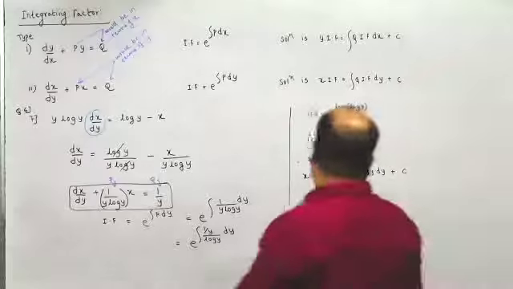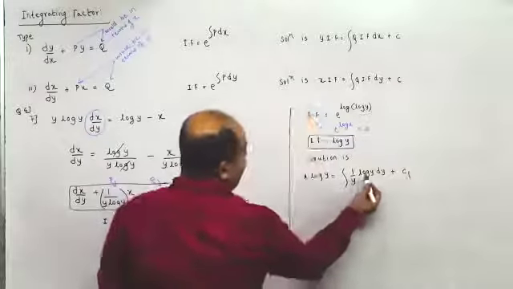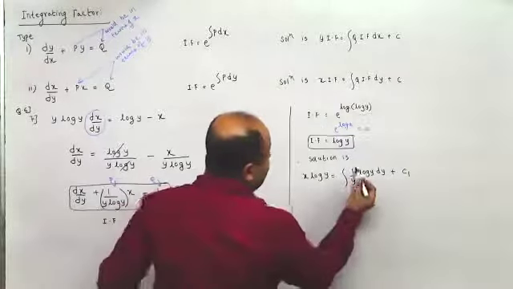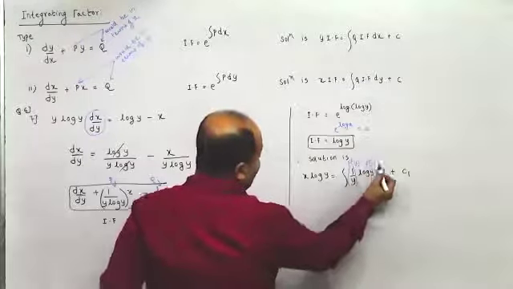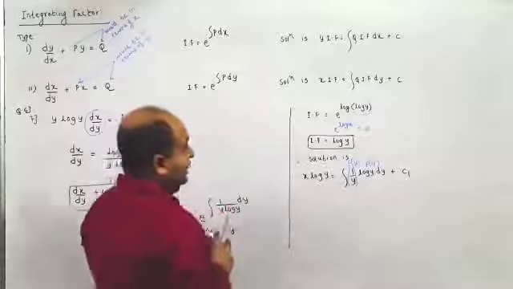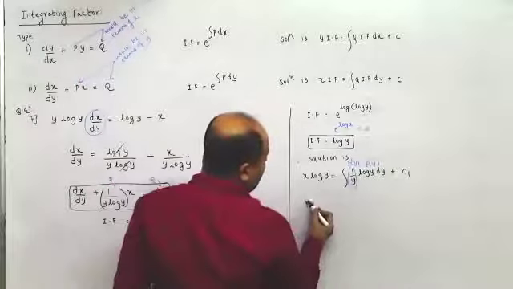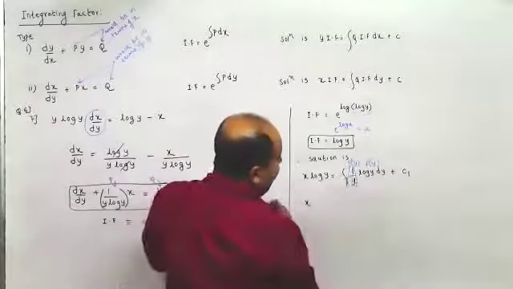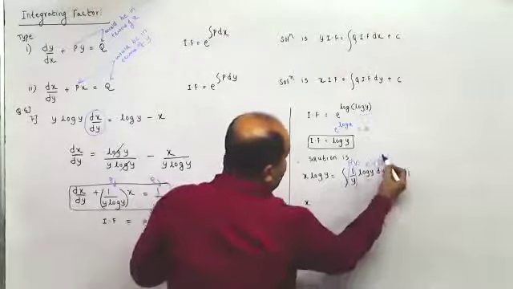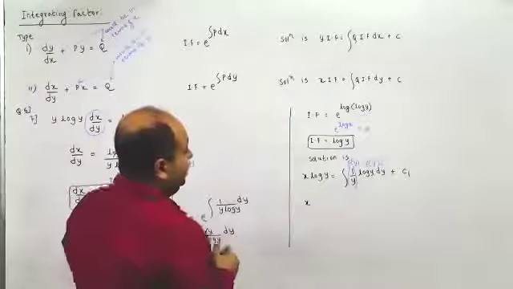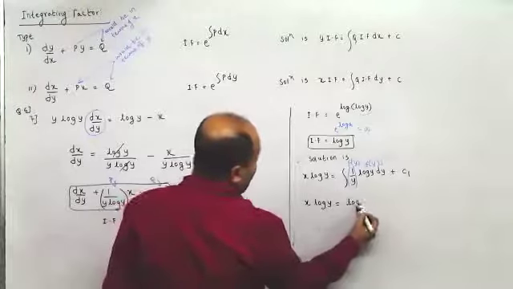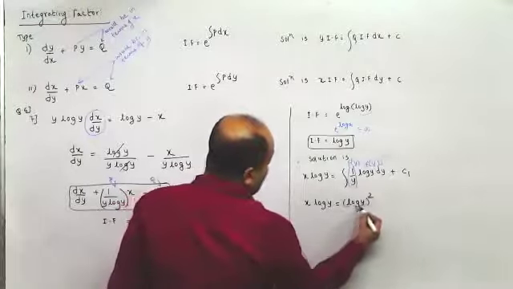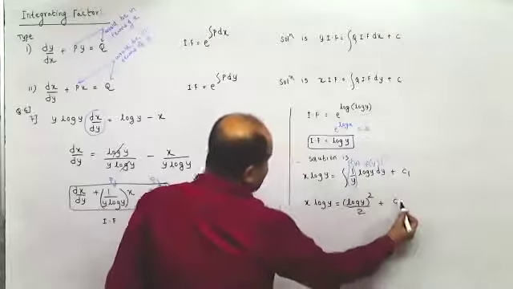Now, if you observe here, this is the derivative of this term. So this is f dash y, and this is f of y. So you would get log y, the whole, f of y raised to n, and this is f dash y. So you would get x log y equal to log y the whole square upon 2 plus a constant.